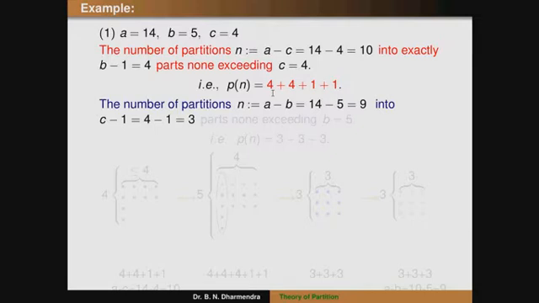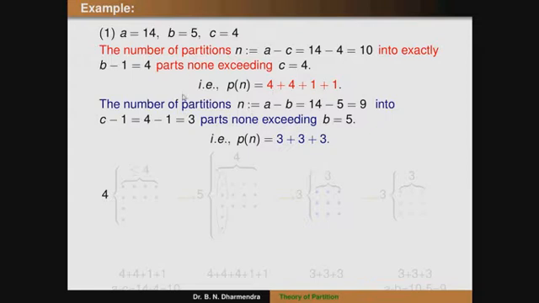You can observe that the terms must be in 3 parts, none exceeding 5. So P of n is equal to 3 plus 3 plus 3. That is the possible terms here. 9 can be written in terms of 3 parts only, that is 3 plus 3 plus 3.